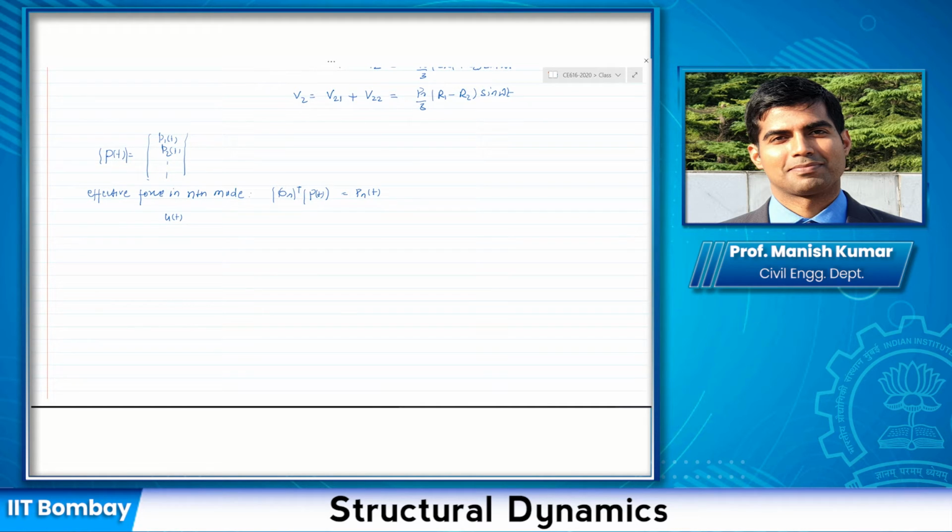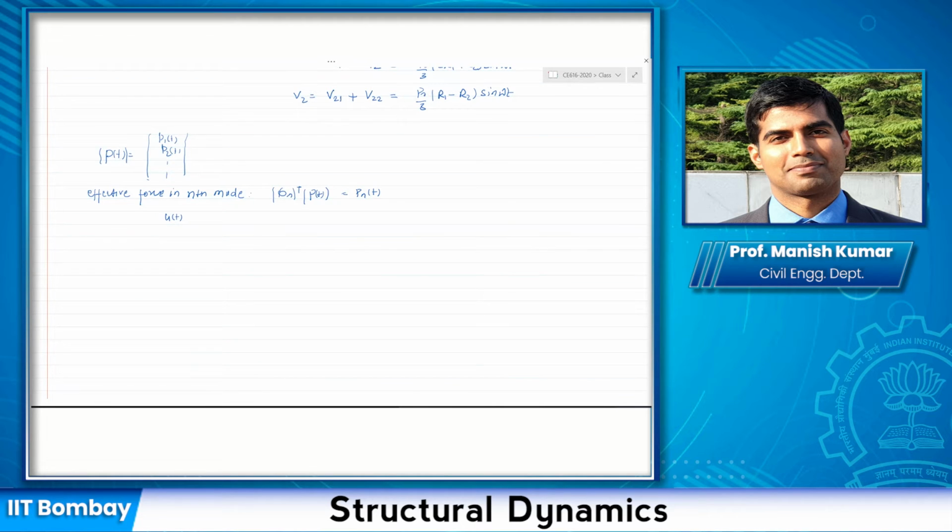And that's where the concept of expansion of these forces comes into the picture: what would be the expansion of my vector P to different modes? Let us see how we do that.